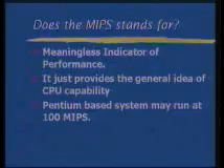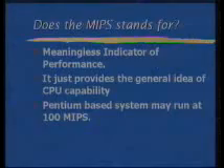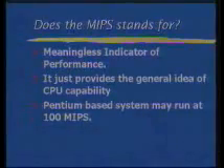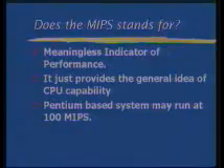One of the things I have mentioned there is that it is a meaningless indicator of performance. The second point is that it just provides a general idea of CPU capability. The third point is that a Pentium-based system may run at 100 MIPS, which is just a rough measure. You may have 450 megahertz as the clock pulse, or 400 or 300 megahertz, yet 100 MIPS as your instruction rate.